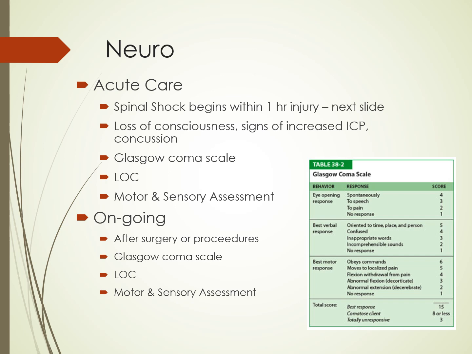One of the specific things for the acute care is spinal shock, and the next slide will go over that more specifically. With our trauma patients, we do have to look at level of consciousness issues, whether they have signs of ICP or any kinds of concussion. So please review your ICP.